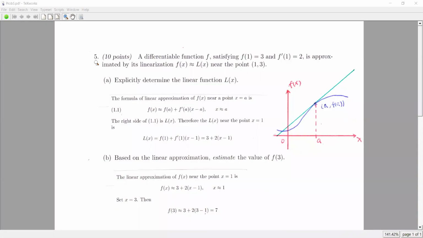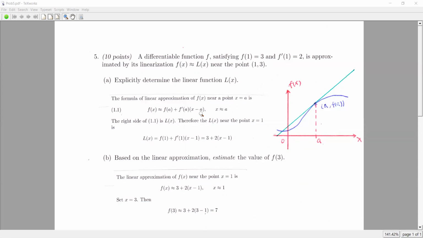Problem 5. This problem is about linear approximation from section 4.6. In linear approximation, we use a line to approximate a curve. The formula is here. The left-hand side is function f. The graph of function f is a curve.